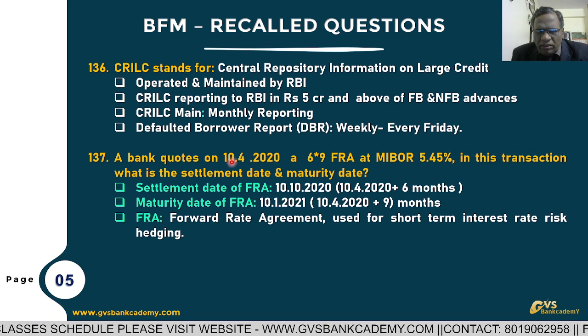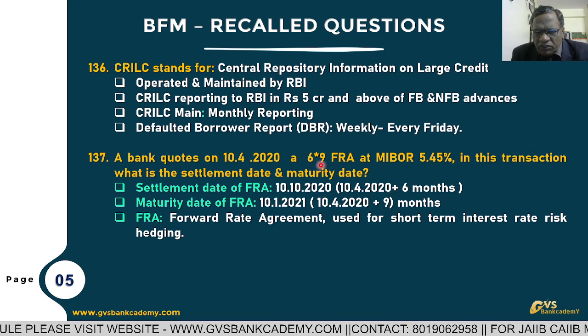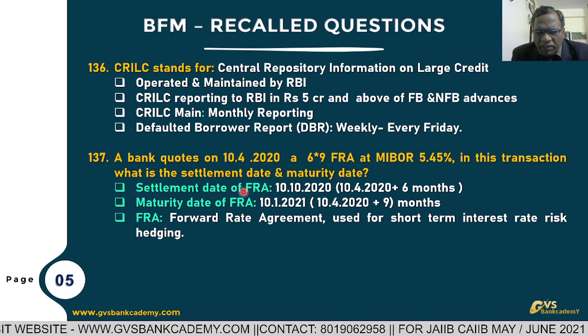Entering on 10th April, 6 months means 10th October 2020. 6 into 9 means 6 months into 9 months. 6 months from the date is the settlement date.